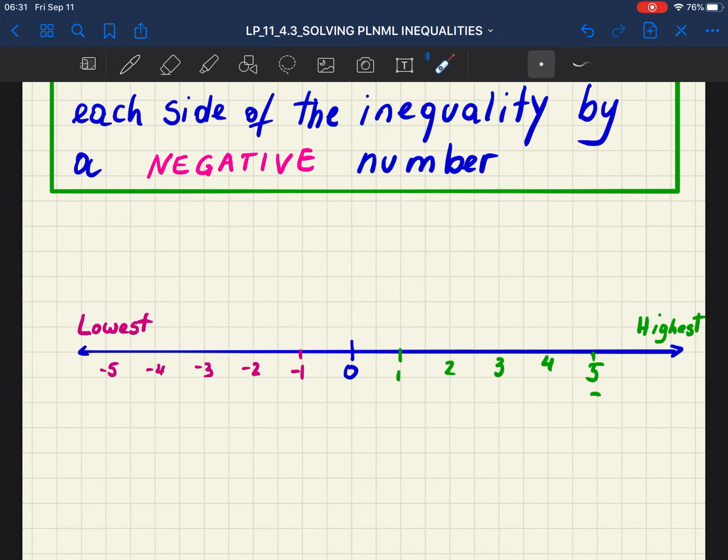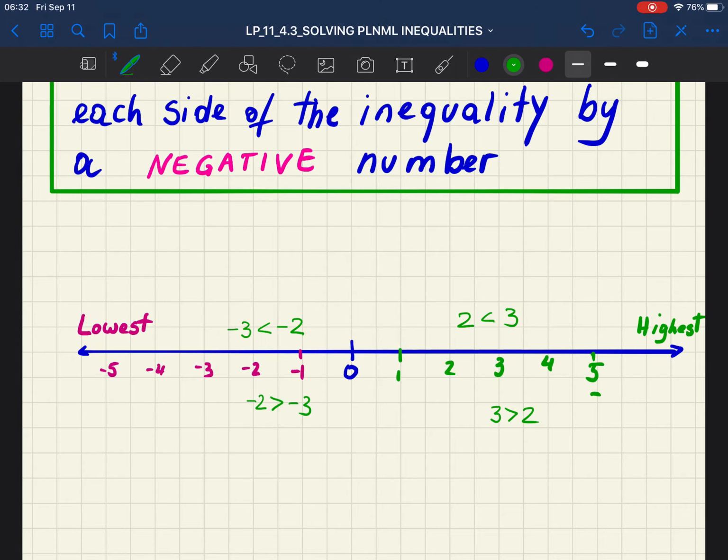Whichever number is further right will be bigger than the number to its left, and a number on the left will be smaller than the number on the right. So negative 3 is smaller than negative 2, and positive 2 is smaller than positive 3. On the other hand, 3 is greater than 2, and negative 2 is greater than negative 3.